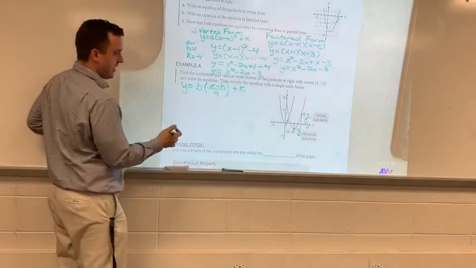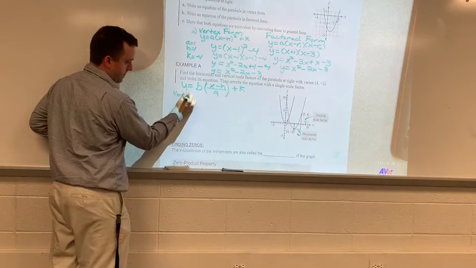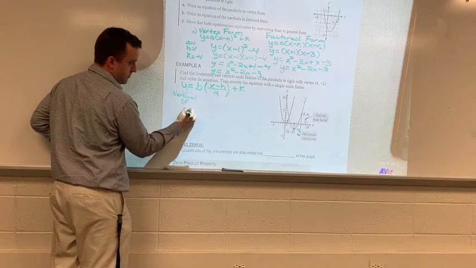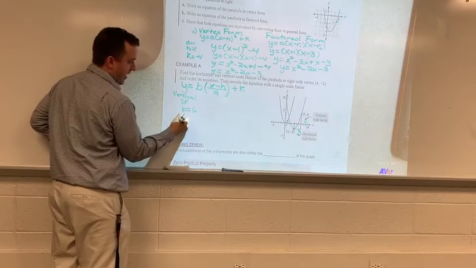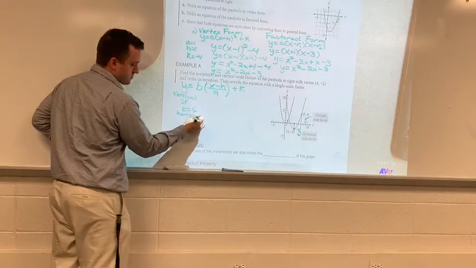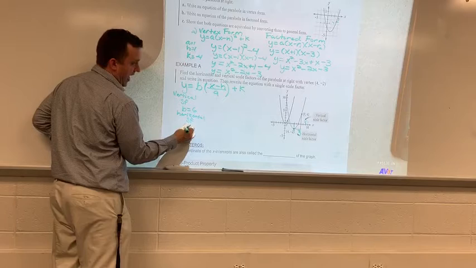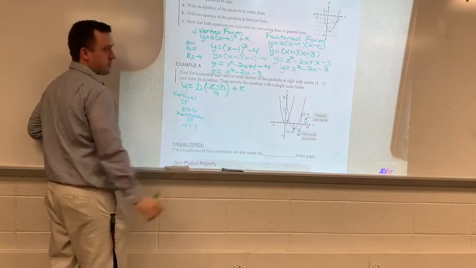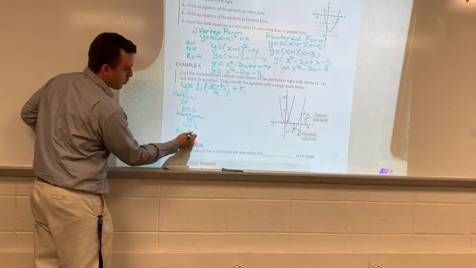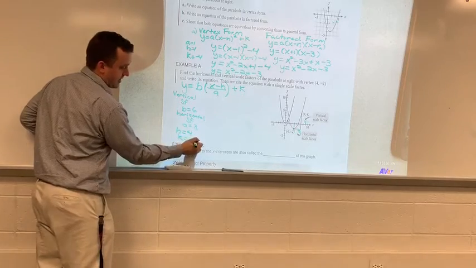So we can see here that b, our vertical scale factor, is 6, and our horizontal scale factor a equals 3. And then I also know from the problem h is 4 because the x coordinate of the vertex is 4, and k is negative 2.